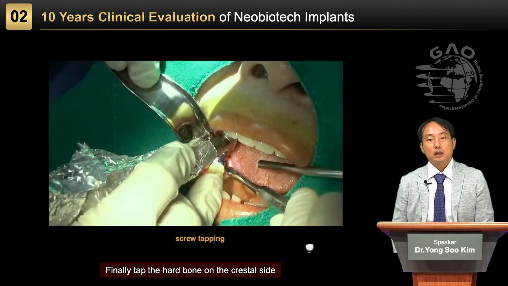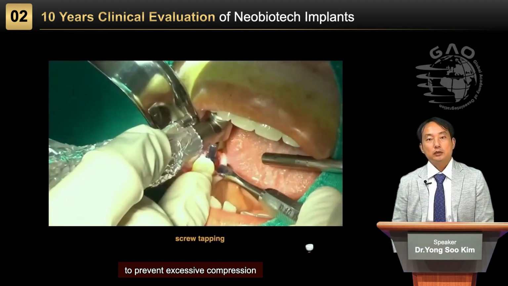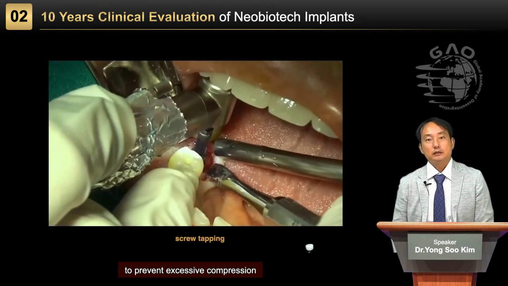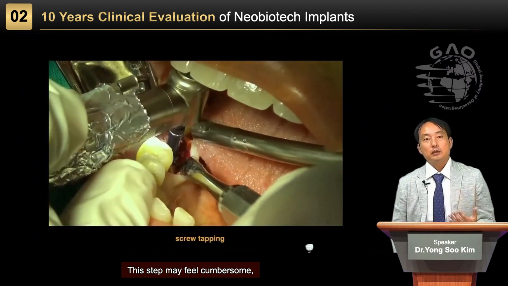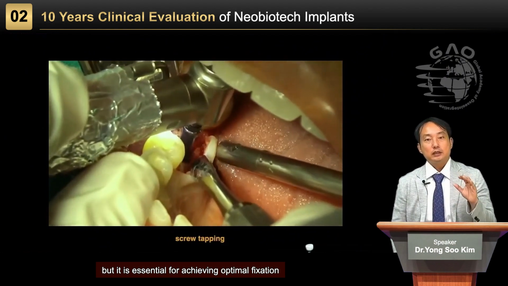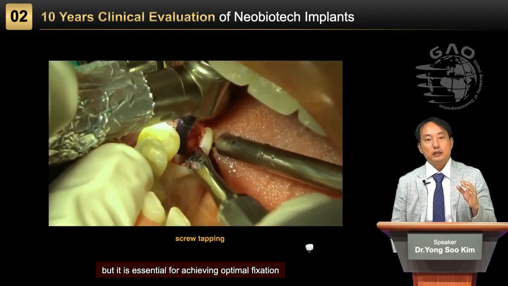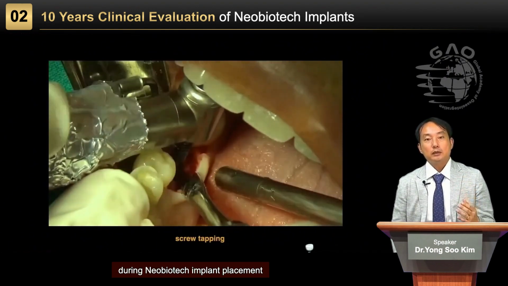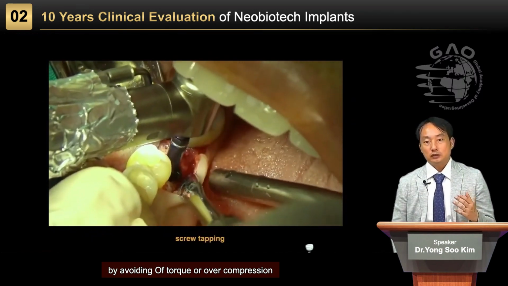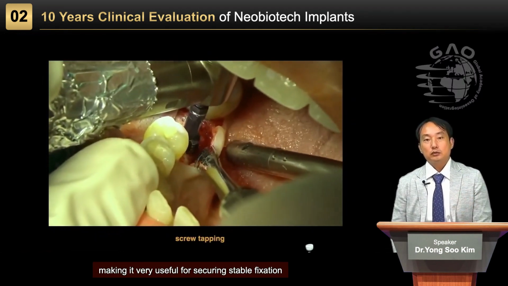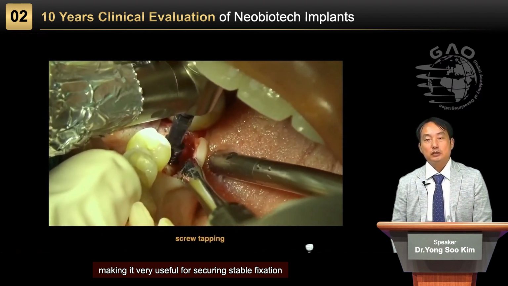Finally, tap the hard bone on the crestal side to prevent excessive compression. This step may feel cumbersome, but it is essential for achieving optimal fixation during Neobiotech implant placement by avoiding excessive torque or overcompression, making it very useful for securing stable fixation.